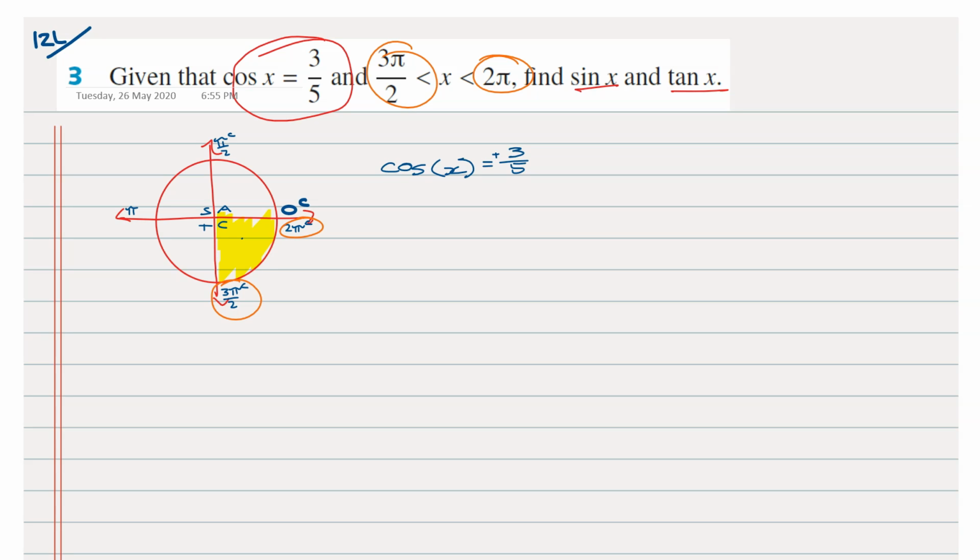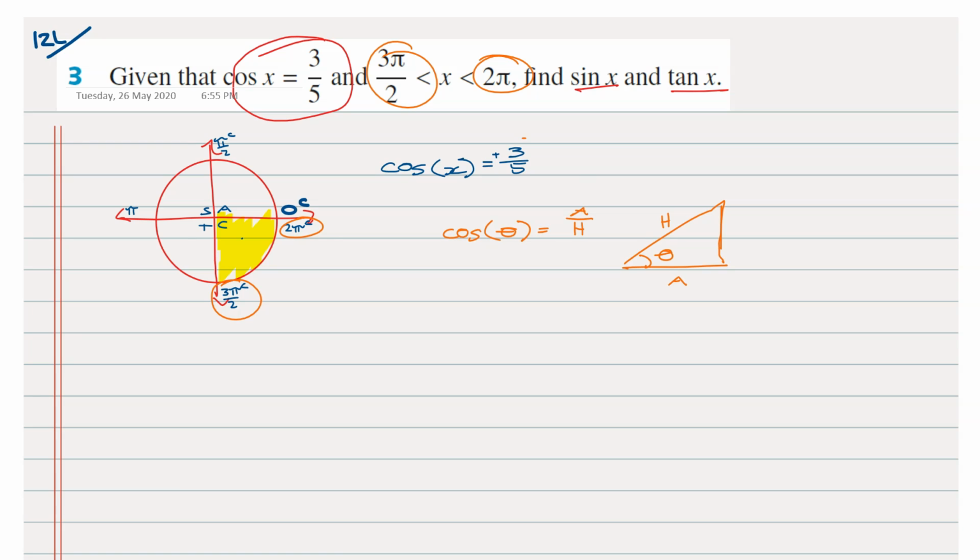So let's go back and have a look at the ratio. Remember that cosine of theta is the same as writing the adjacent over the hypotenuse, relative to having a triangle as such. Theta is here, our adjacent is down here, and our hypotenuse is over here.